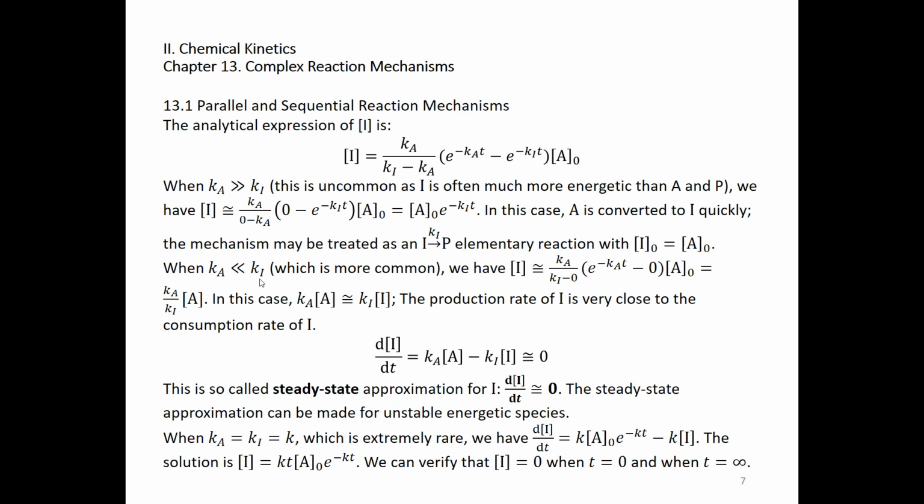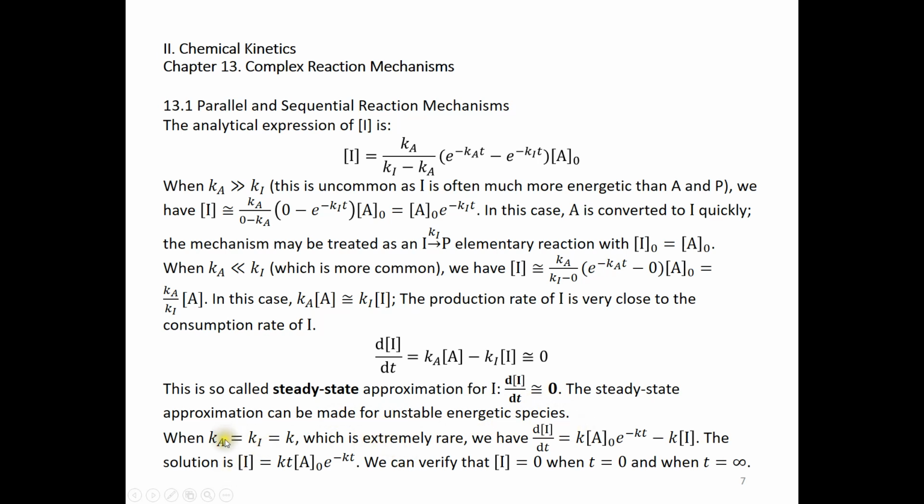So I itself is extremely low during the entire reaction, then dI/dt has to be pretty small. And now we have this so-called steady state approximation: dI/dt is approximately 0. And this approximation can be made for unstable, energetic, intermediate species.